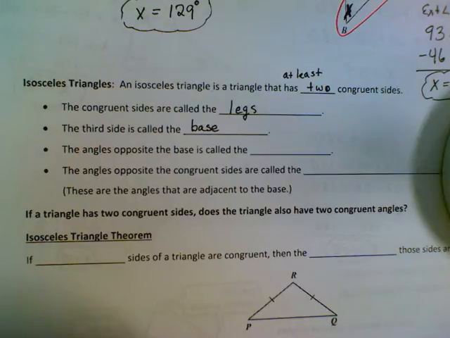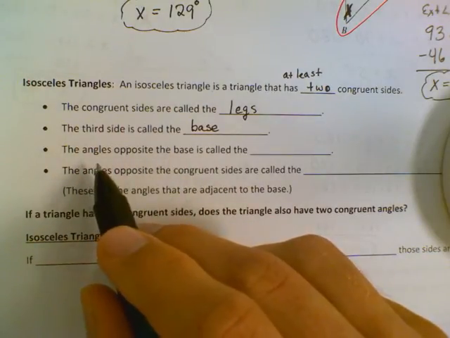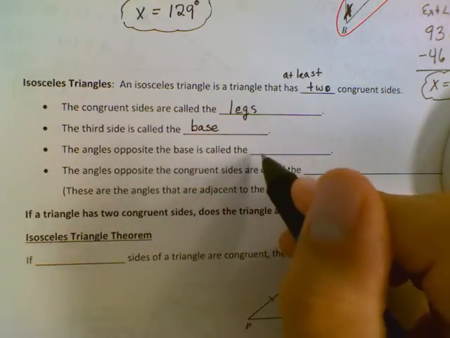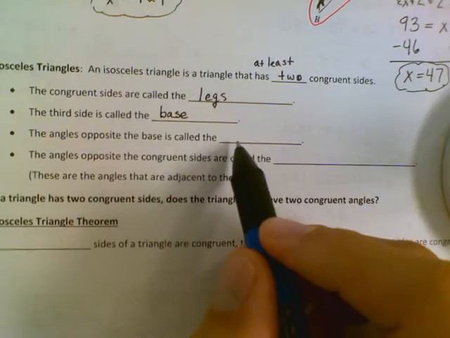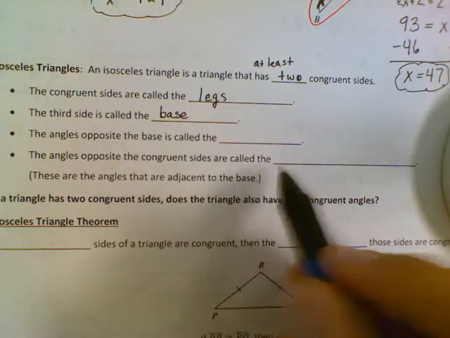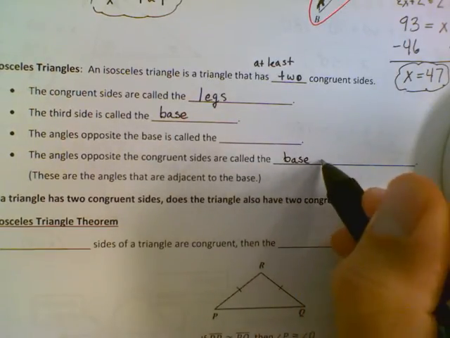Okay? The angle opposite the base is called the blank. We'll call that like the apex or the, you know what? I'm not sure what word should go there. The angles opposite the congruent sides are called the base angles.